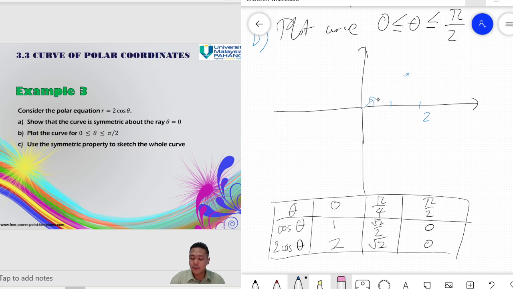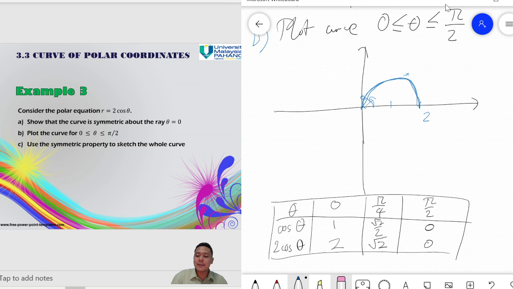And if you complete the degree of 90 of pi over 2, it will be 0. So you akan dapat curve, circle sampai semicircle sini, because it asks only for pi over 2.